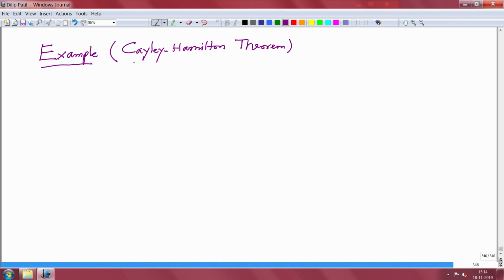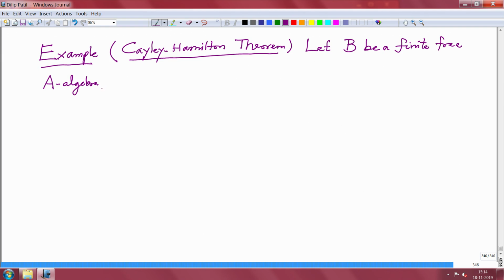And this I will write down in a general setup. So again, let B be a finite free A-algebra, and A is arbitrary, the base ring, commutative always.